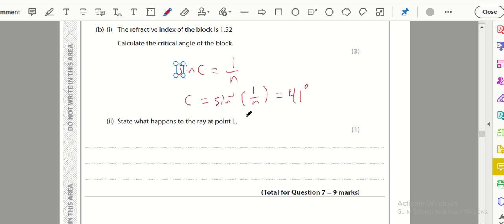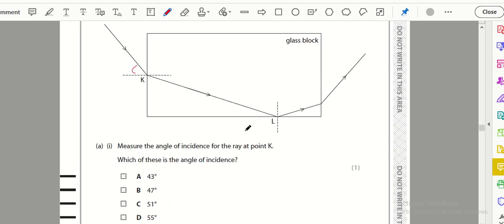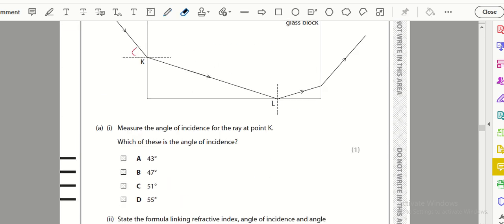State what happened to ray at point L. As we found angle of refraction to be 30, this angle will also be 30 from its geometry, and this will be 70.